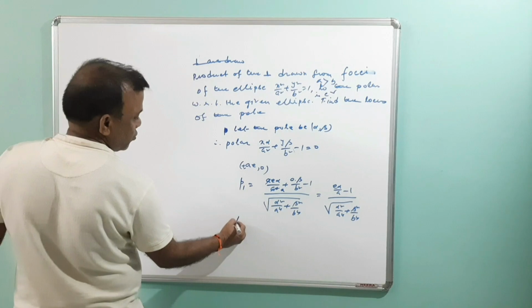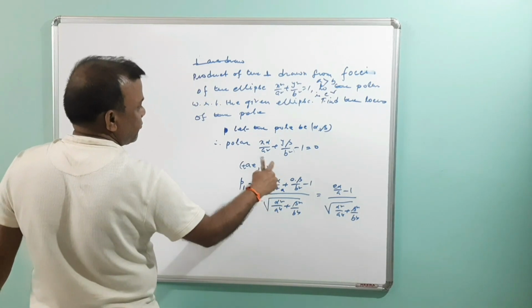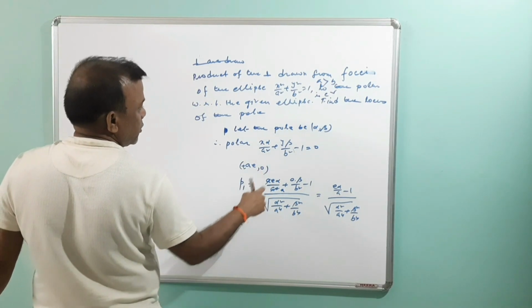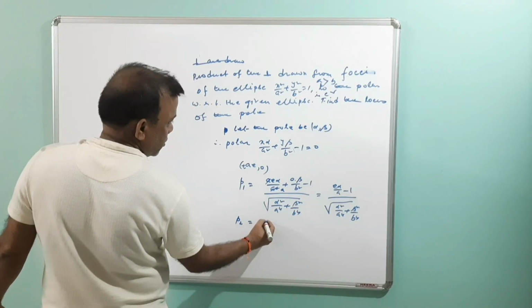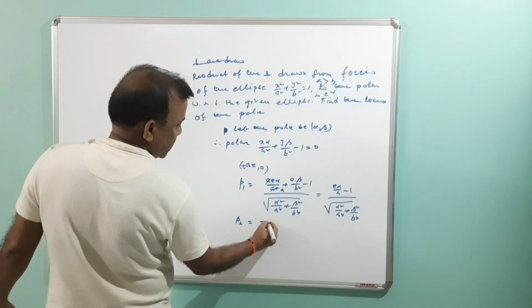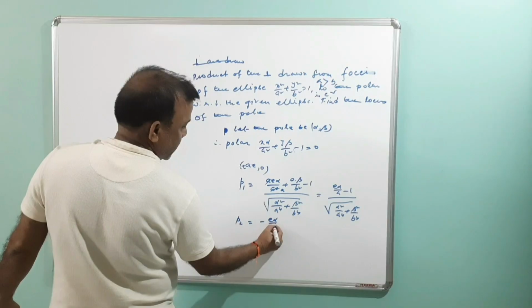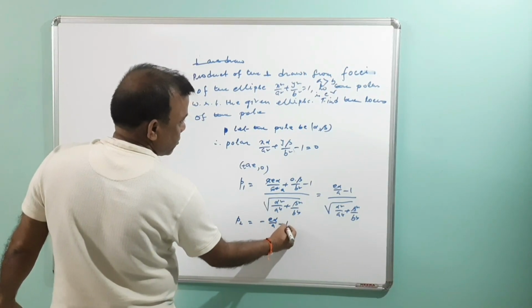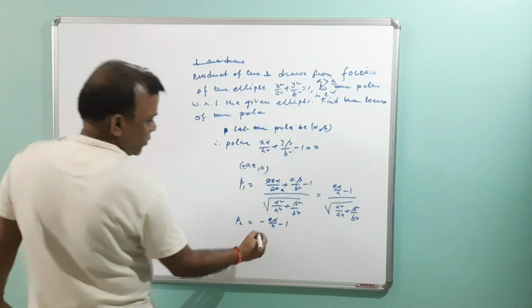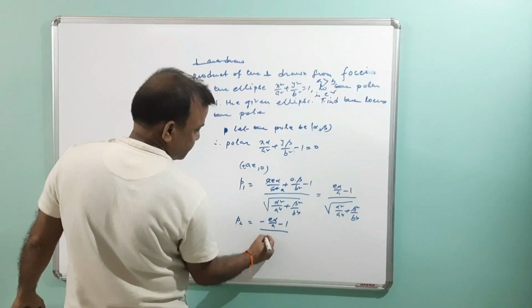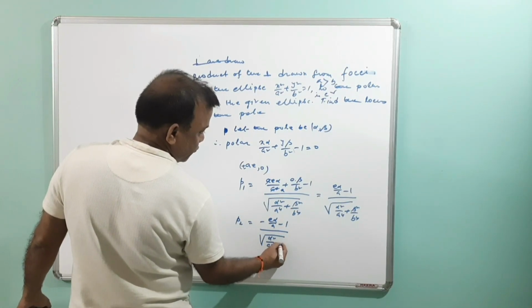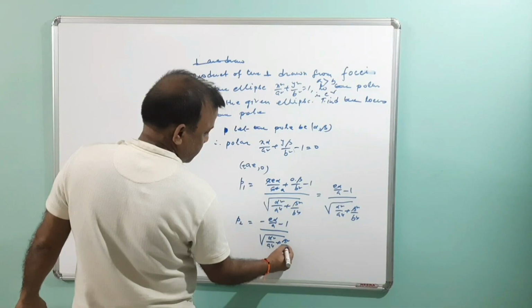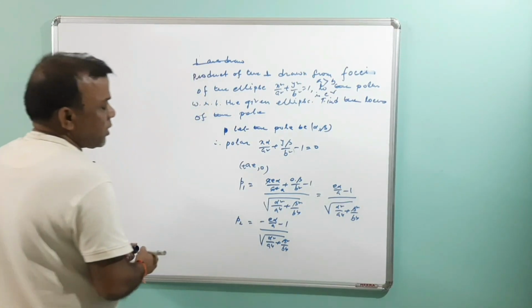Similarly, p2, length of perpendicular drawn from another focus to the polar, this one, is minus e alpha by a minus 1 by root under alpha square by a to the power 4 plus beta square by b to the power 4.